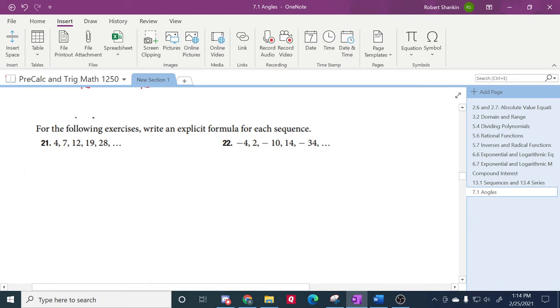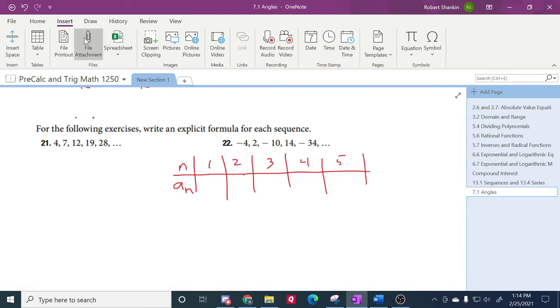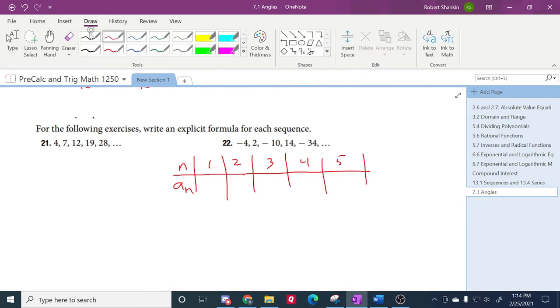Write an explicit formula for these. So I'm going to do n, a sub n. There's 1, 2, 3, 4, 5 of these. And then I am looking for a relationship between the n's and these numbers.